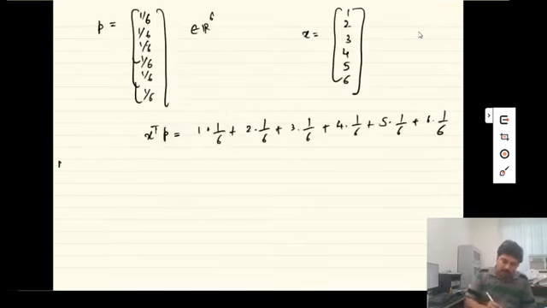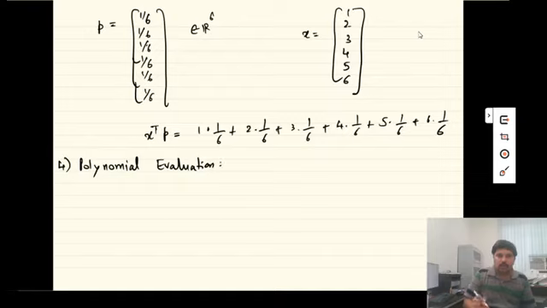Another important application is polynomial evaluation. This polynomial evaluation is a very important tool again in regression problems, when we do polynomial regression. So there also this thing comes into the picture.